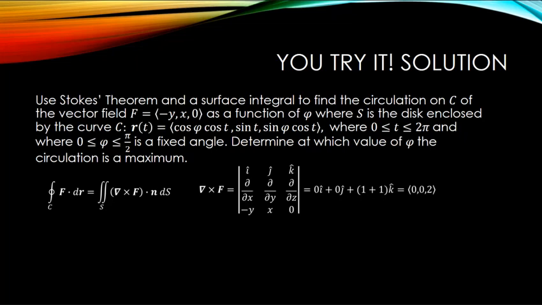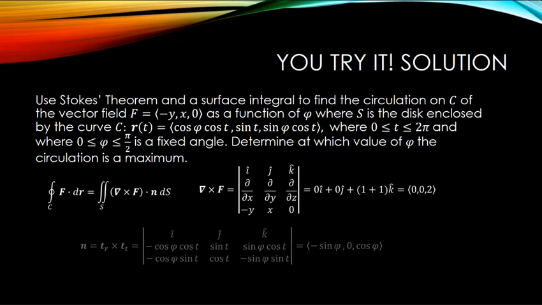I set up the determinant of a 3 by 3 matrix, and I get 0 in the i hat direction, plus 0 in the j hat direction, plus 2 in the k hat direction, which is equal to a vector with components 0, 0, 2. My normal vector is given by t sub r cross t sub t. I set up my determinant for my 3 by 3 matrix with the first row populated with i hat, j hat, k hat.